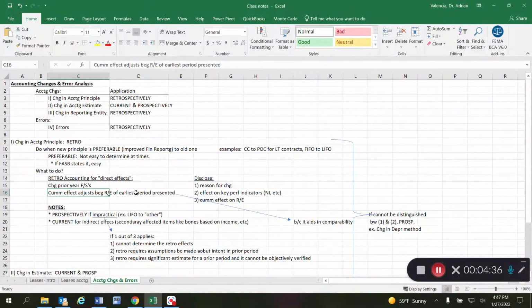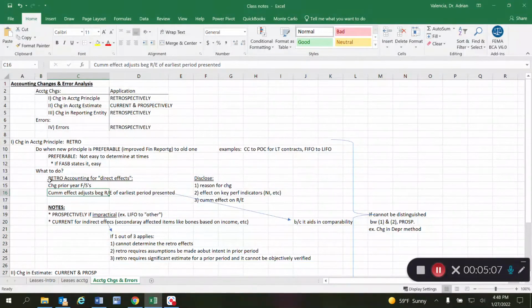Okay? And the idea there is anytime we apply these changes retrospectively, we are hoping to improve comparability for somebody that's looking at these financial statements. If they have to look at several periods, it helps if the application of that accounting principle is demonstrated as if it had occurred for all those periods, so that the average financial statement user can look at it and be able to compare it.